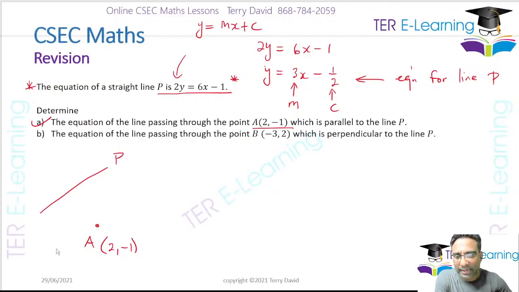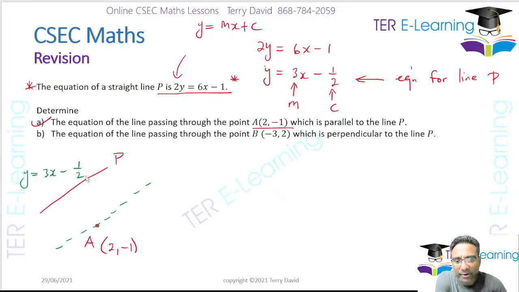You want to find the equation of a line that passes through the point A but is parallel to P. The equation of the line P is y = 3x - 1/2. What the question is asking me to find is the equation of this other line.